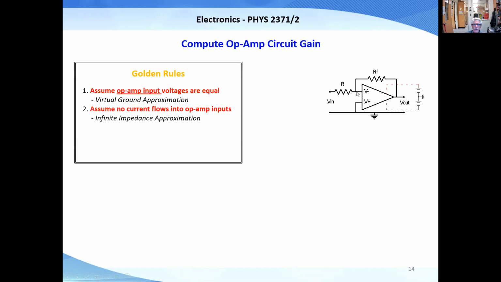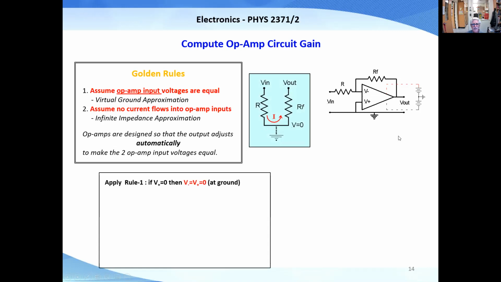Your 741 has about megohm input impedance, but a FET op amp would have gigaohm input impedance. Okay, and the magic is you're designed so that the output adjusts automatically to make the two op amp input voltages equal. Wow. Great for us when you're trying to design a circuit.